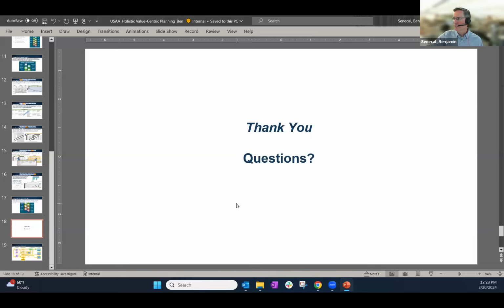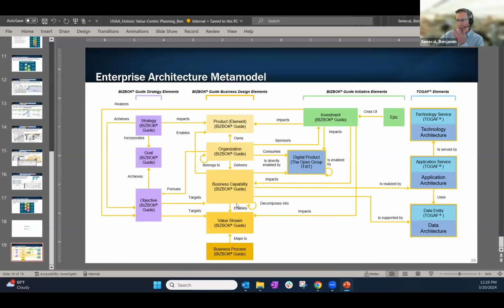It's our knowledge base. And we, as business architects, of course, and we have a slide to show that, are populating mostly the domains that are identified in yellow here: product, organization, business capabilities, value streams, and business processes, and of course, their interrelationships.